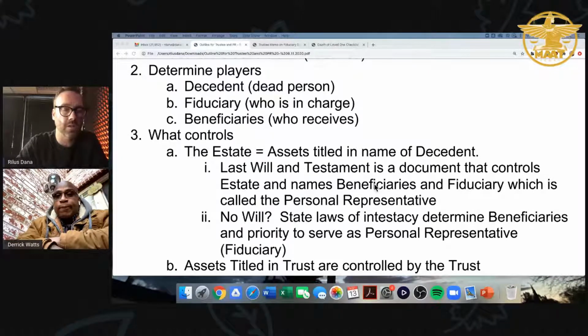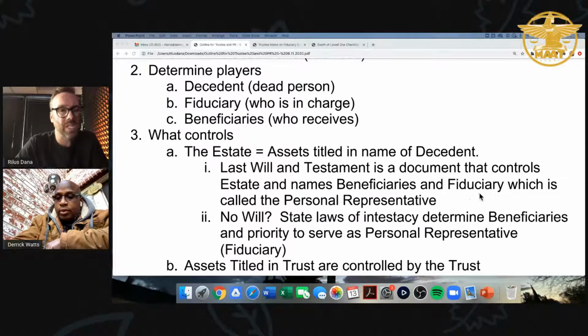Okay, so gather those documents, figure out who the fiduciary is. If those wills name someone to act, that's who you want to deal with, right? You want to figure out who's going to have the authority. A lot of times, the person that calls you or gets you involved is not this person. Maybe they're the motivated one, but get the will, see if there's a person named there.